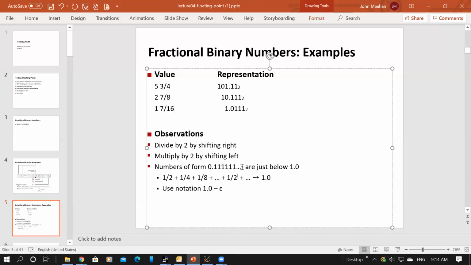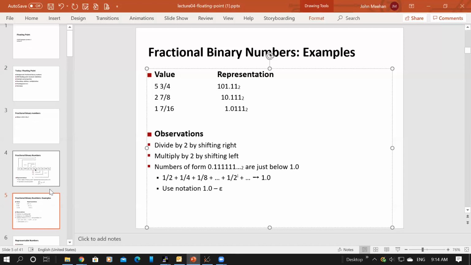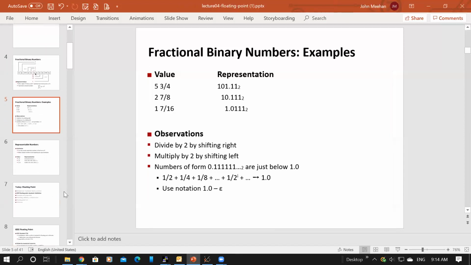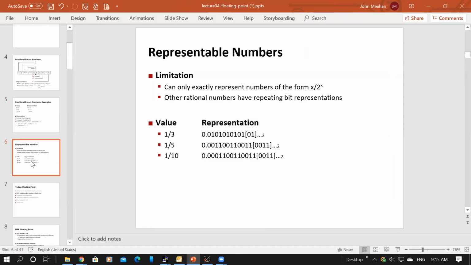You can get real close to them, but you can't exactly represent them in binary floating point numbers. Of course, that's true in decimal too, right? It's just different ones. And we'll look at that in a second in a lot of detail as to how that shakes out. So here's your third.